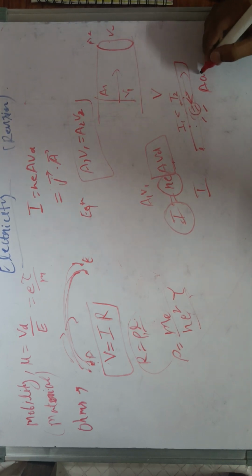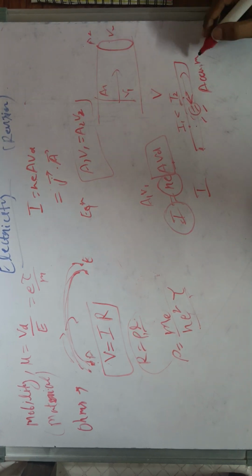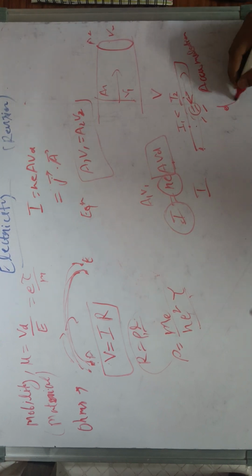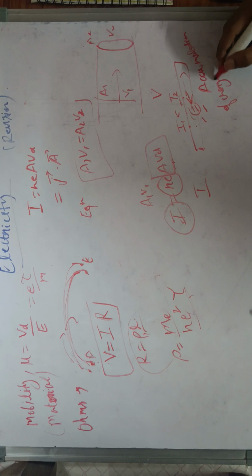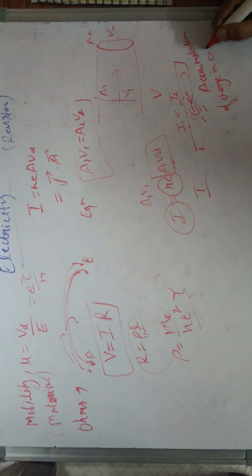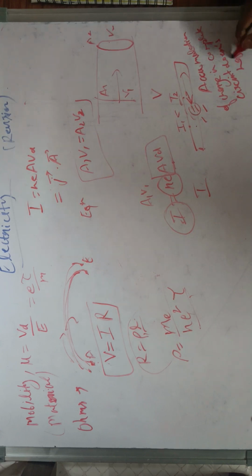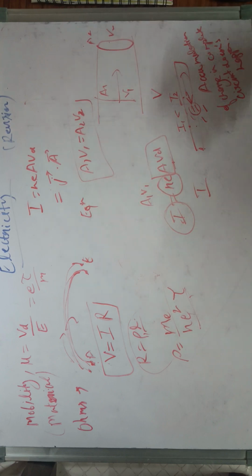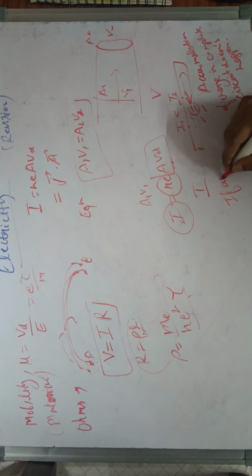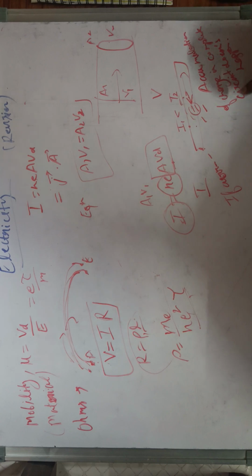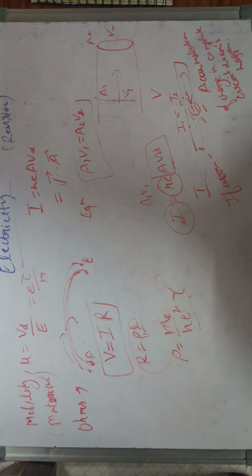Accumulation of charge does not occur in case of current in a conductor. If there is current flowing, there would be no accumulation of charge in case it is flowing in a complete circuit.